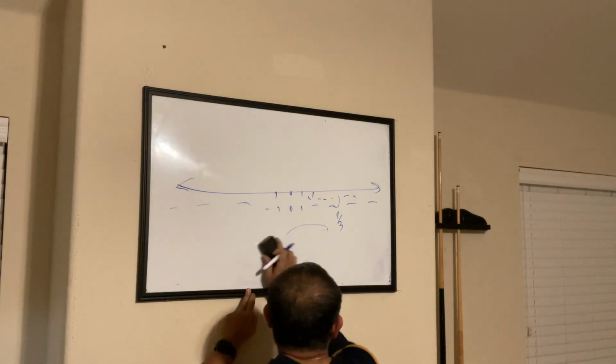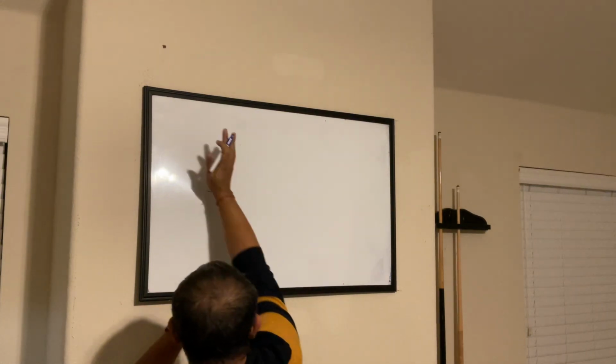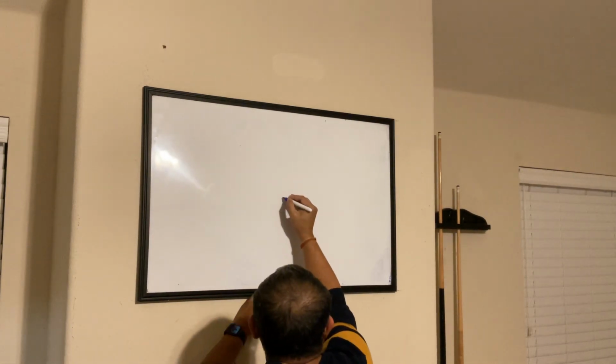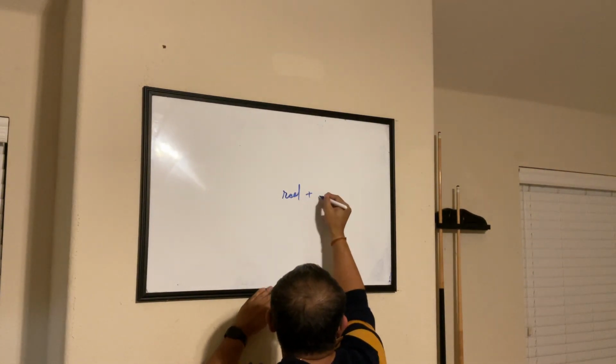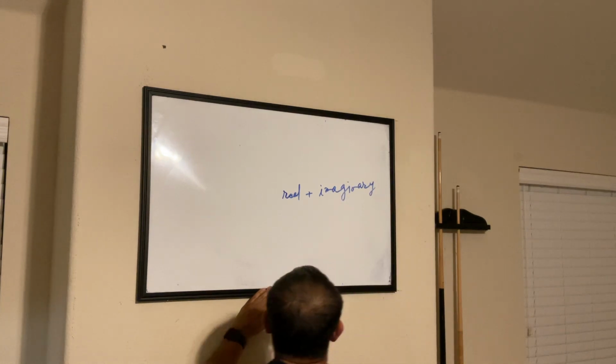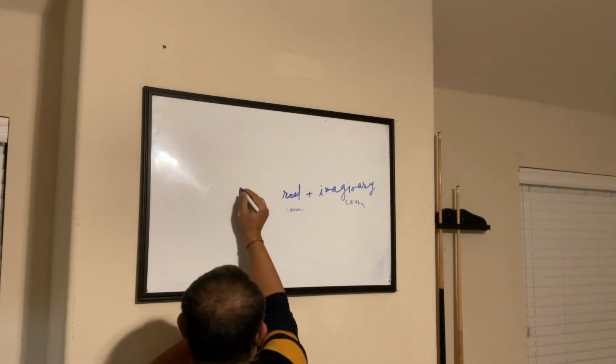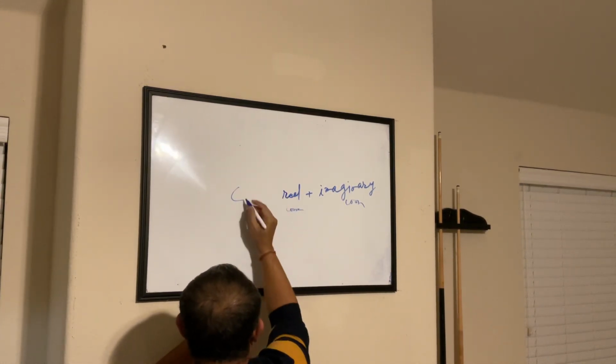So now, where does the imaginary number fit in, and how do we deal with that? They said, okay, fine. When you're dealing with a number system, you can possibly have two elements to it. One is the real component, and then the imaginary component. Real component, imaginary component, together were given a name called complex number.